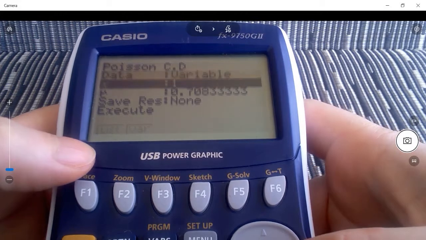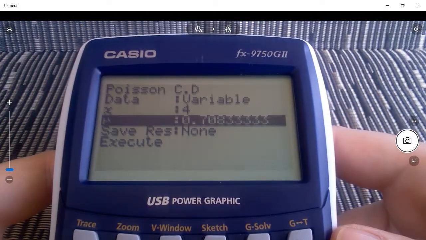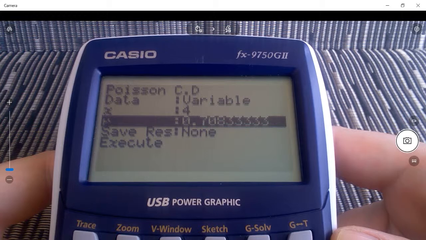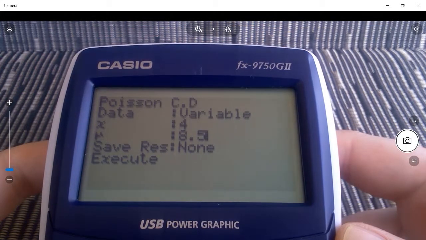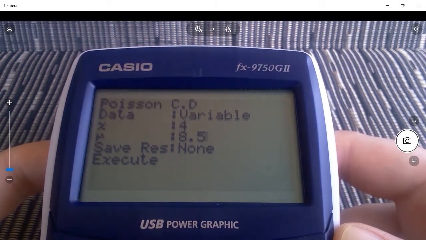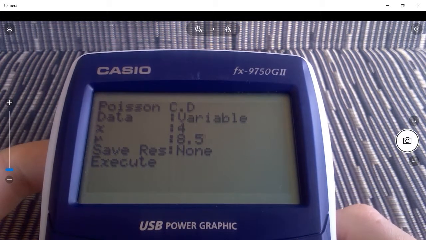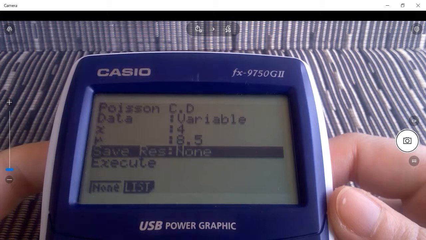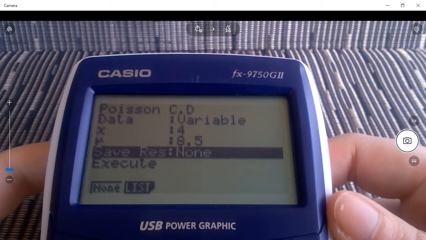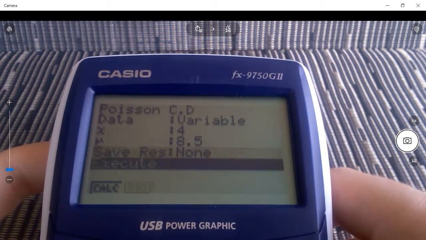Changing x to be 4. This time lambda is 8.5 because we're interested in the number of tornadoes per year. So we've got an x of 4, lambda of 8.5 tornadoes per year. So we're going to execute that.